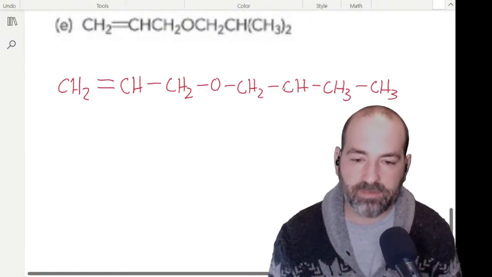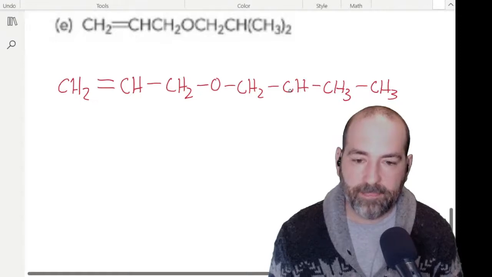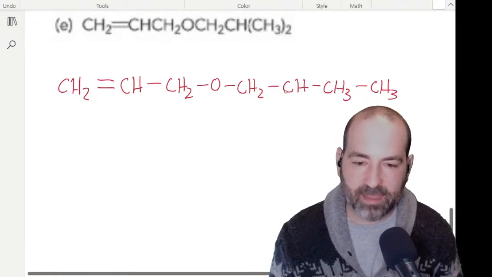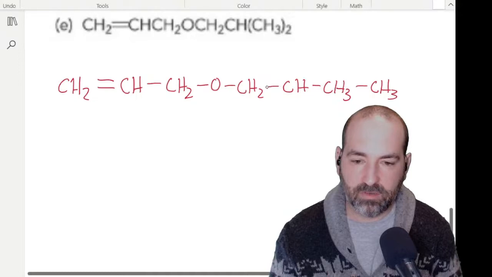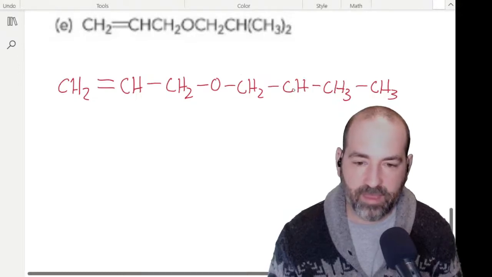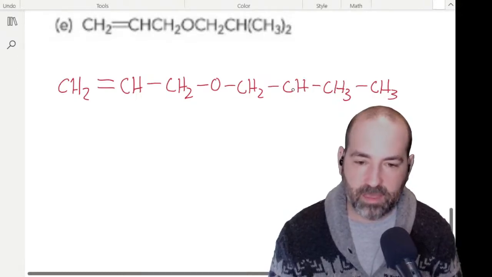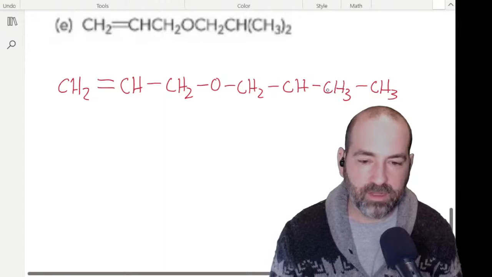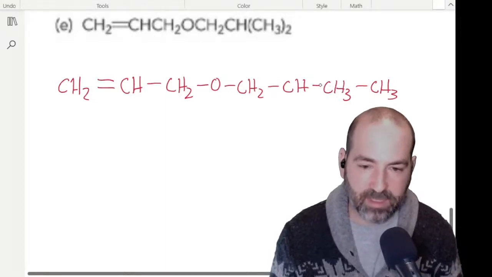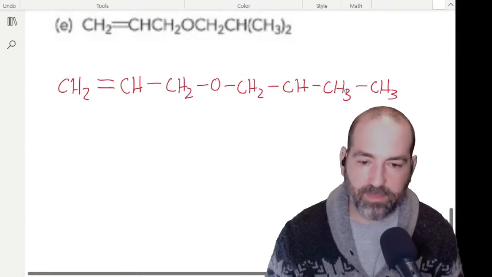So if we have CH here, then that's not enough bonds. That carbon only has 3 connections: 1, 2, and the hydrogen makes 3. So that can't be right. And then if we look over here, this middle carbon actually has 5 connections right now. It's got 1 here, 1 over here, and then 3 from the hydrogens.